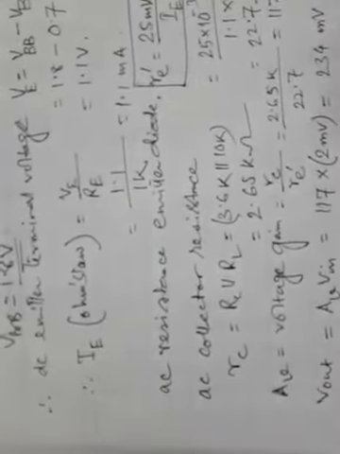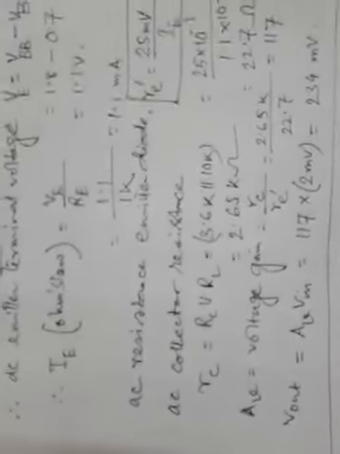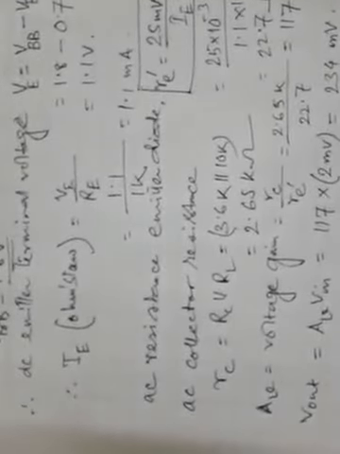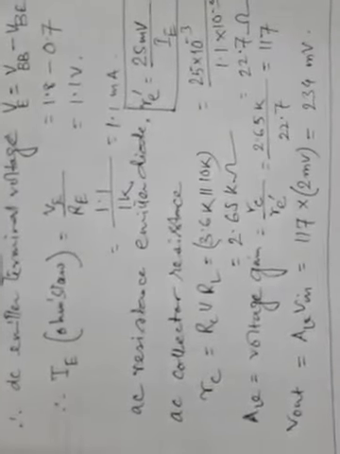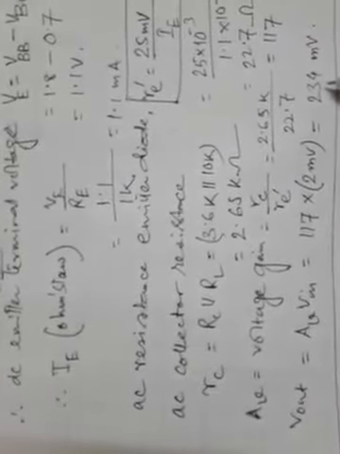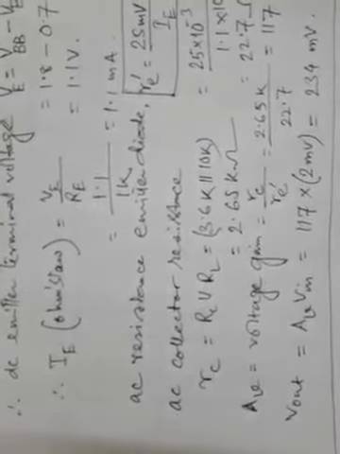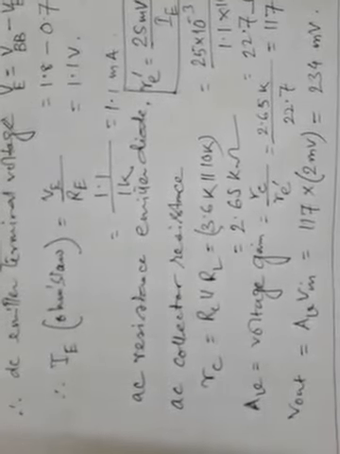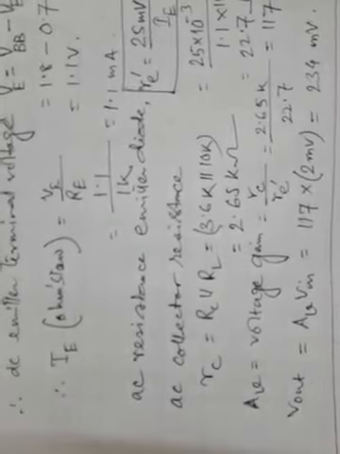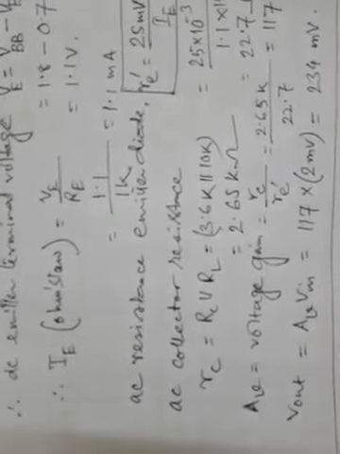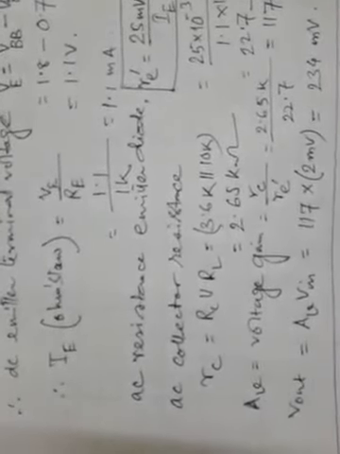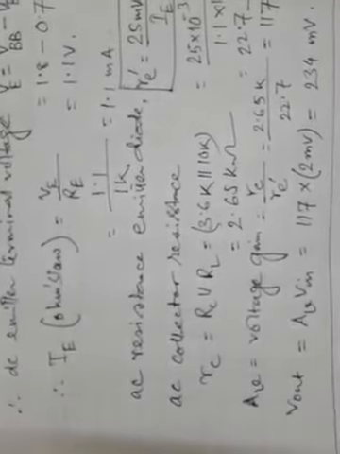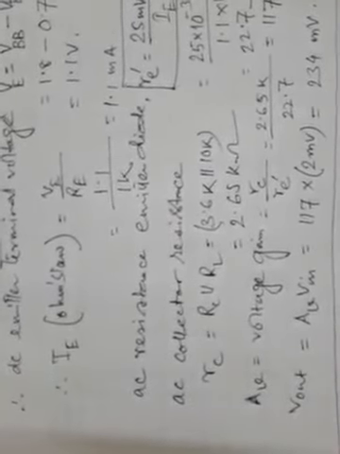If you analyze this circuit, if you apply an input voltage of peak amplitude 2 millivolt, you get an output voltage of peak amplitude 234 millivolt. So obviously the input voltage is being amplified many times by this transistor amplifier. So we can say the given circuit is working as a common emitter mode transistor amplifier.